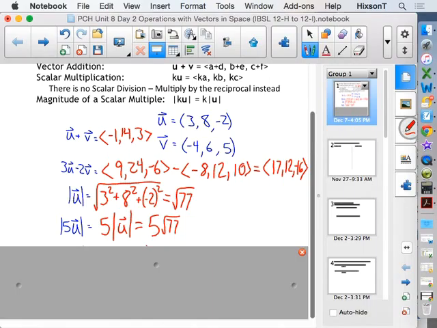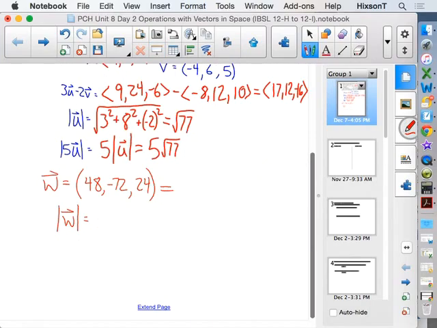Okay, now I want to talk about real quick why this is useful. Why is this property in particular useful? If I were to find the magnitude of w, and w is 48, negative 72, and 24, I can square those, square root of 48 squared, that'd be 2304, plus whatever 72 squared is, plus 24 squared, which is 576.